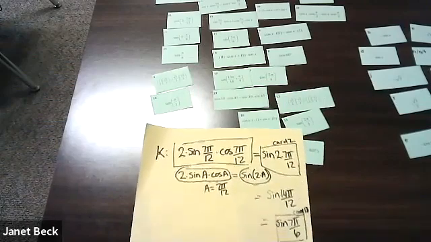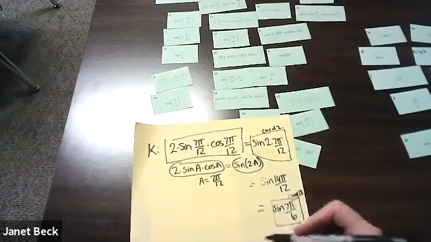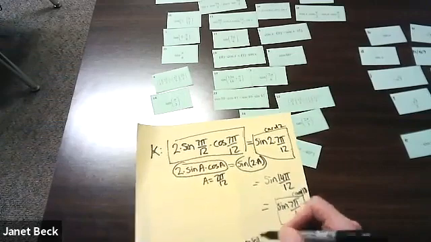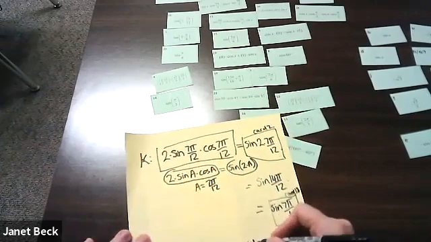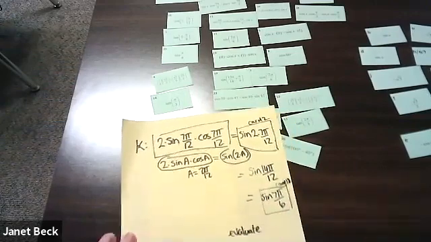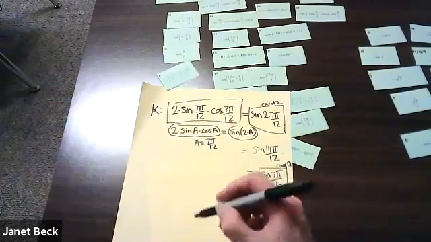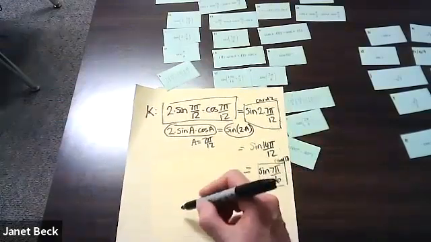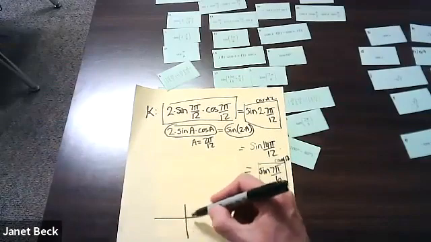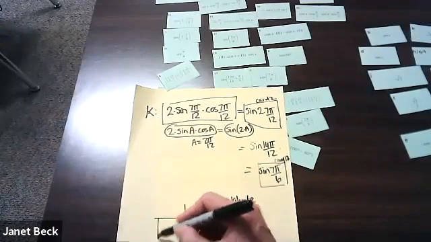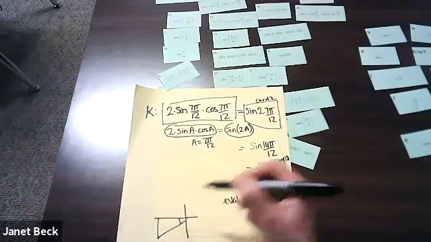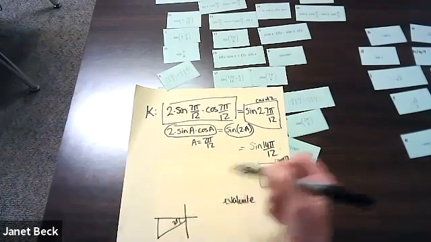Now, for the final answer to this question, we can evaluate this. To evaluate sine of 7 pi over 6, 7 pi over 6 is in quadrant 3. This is a 30, 60, 90 triangle, where that's 30.